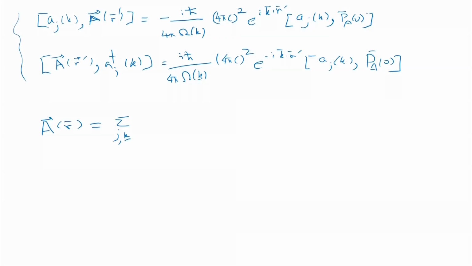So this implies that you can express the vector potential in terms of the creation and annihilation operators in the following way. So it's going to look like this.